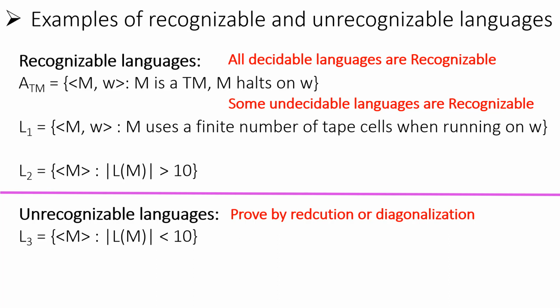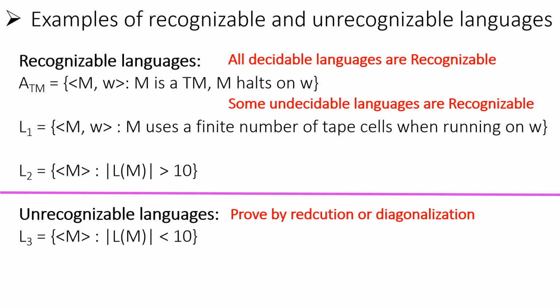You might wonder why the direction of the comparison gives such a big difference. Well, intuitively thinking, if we can find 11 strings in Lm, then we can safely say that M belongs to L2. But for L3, since there are infinitely many strings, if we haven't found 10 strings, we cannot say for sure that the remaining unchecked strings are not in Lm.